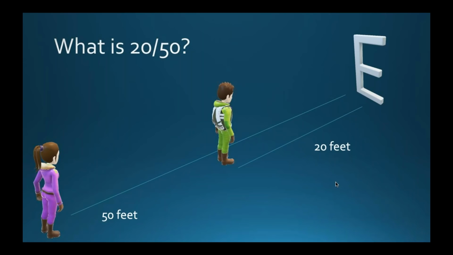And so you have to be much closer to an object in order to see it. And so 20/50, again, if you were 20/50, you would be the guy in the green jumpsuit here, and everybody else would be in purple, where you have to be much closer in order to see.